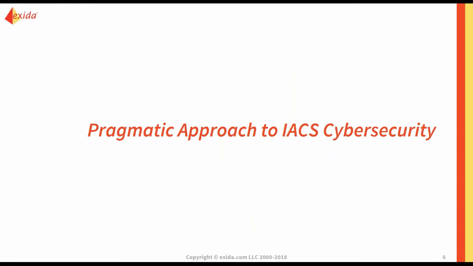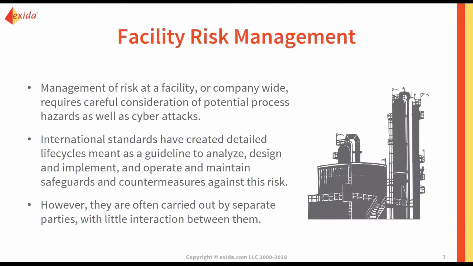So let's dive right in. We take a pragmatic approach to cybersecurity. What does that mean? Well, in general, a lot of corporations are realizing, as they should, that full management of risk at a facility or company-wide requires consideration of process hazards, as we know, but also consideration of cyber attacks.